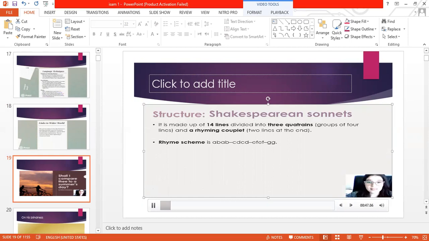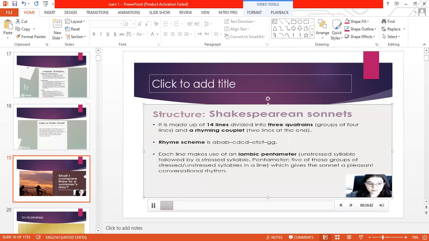The rhyme scheme of the sonnet is A, B, A, B, C, D, C, D, E, F, E, F, and it ends with a rhyming couplet, which is G, G. Each line also makes use of iambic pentameter, which means that it has an unstressed syllable followed by a stressed syllable.